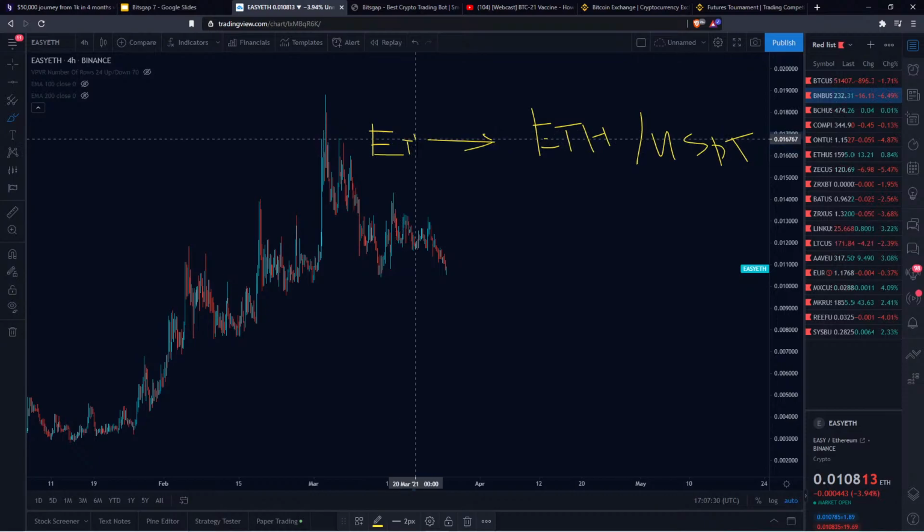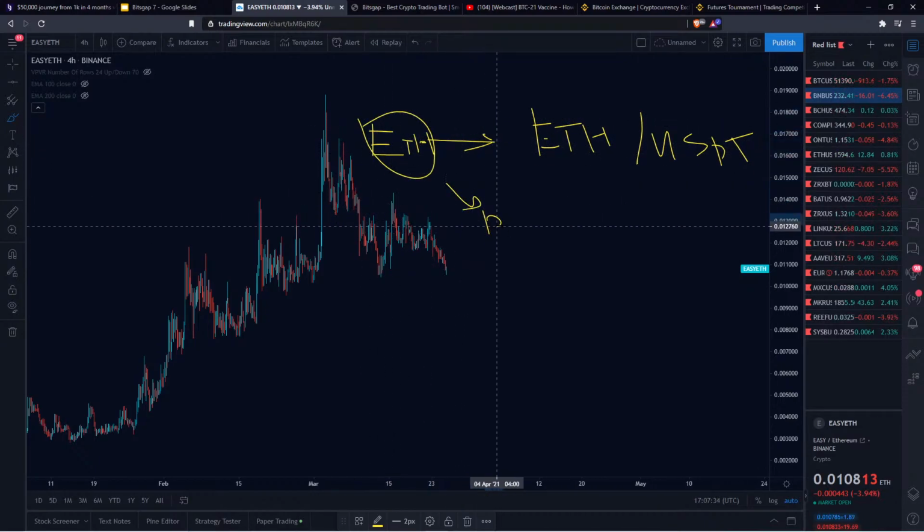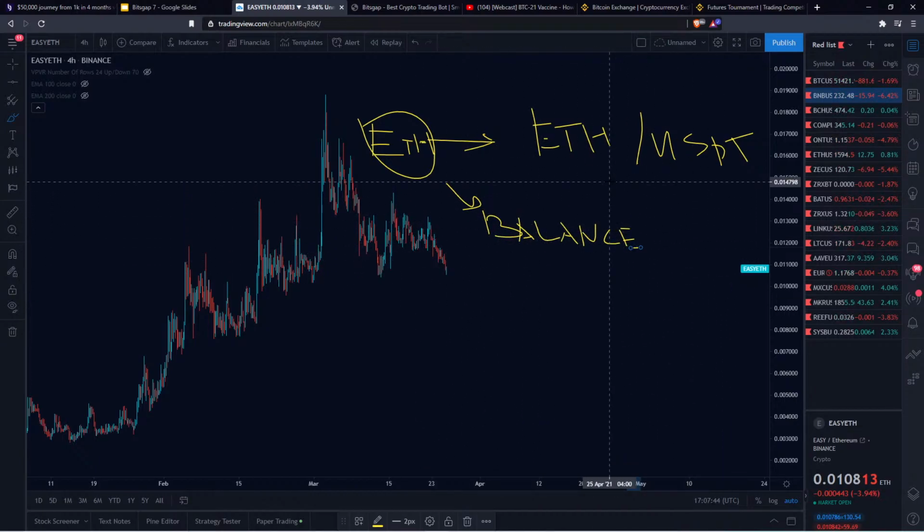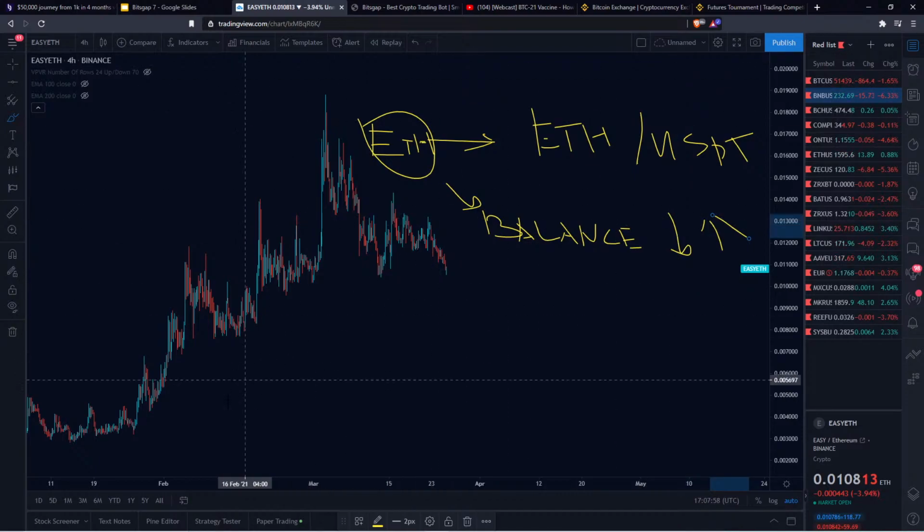That's your return, something that goes to your balance. And it can be the case that you open to see the current value of your balance tomorrow, and it turns out that due to the volatility of Ethereum, the value of your balance is now lower or higher, depending on whether the price of Ethereum relative to USDT is trading higher. So that's the thing you have to take into account.